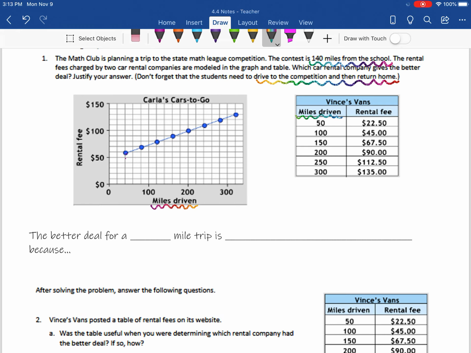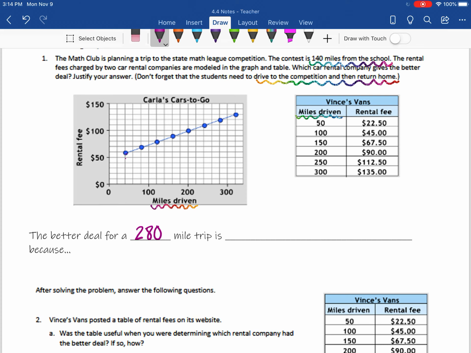Okay, so if we are pricing out a 140 mile trip away from the school, but we have to return home, then the total mileage is going to be what? Well, we have to drive out and we have to drive back. So the total mileage is going to be a 280 mile trip.